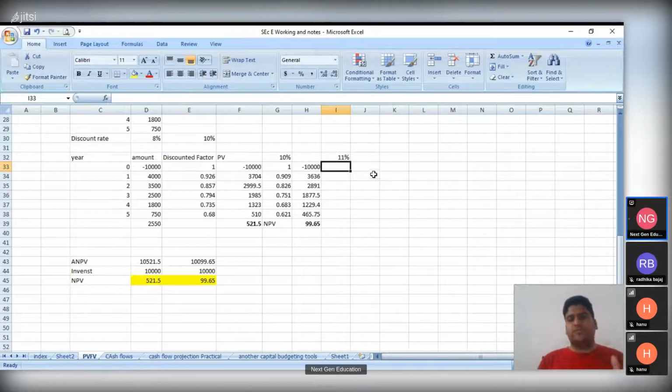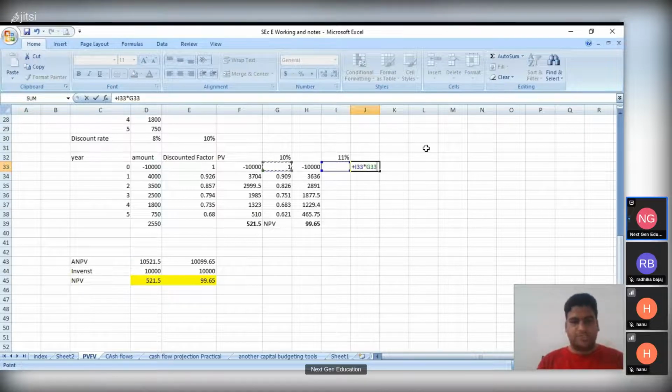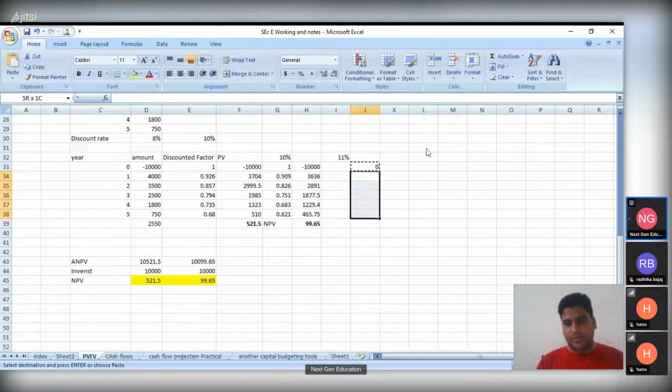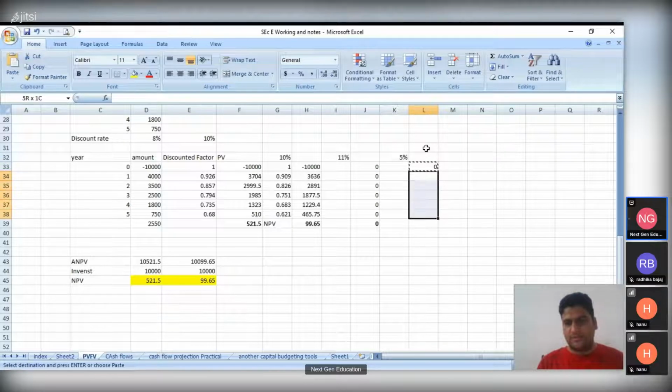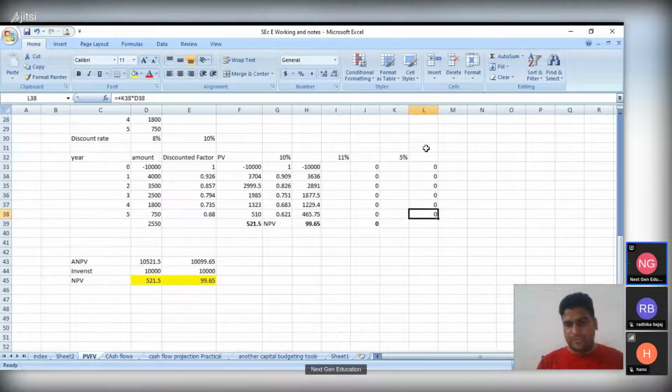We will make the picture very clear so that you can understand what happens when the rate goes higher. And once again we will take the 5% rate. So you have to tell me those figures very quickly.